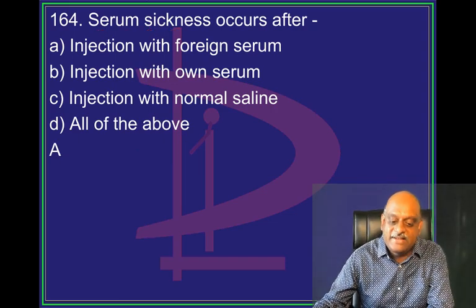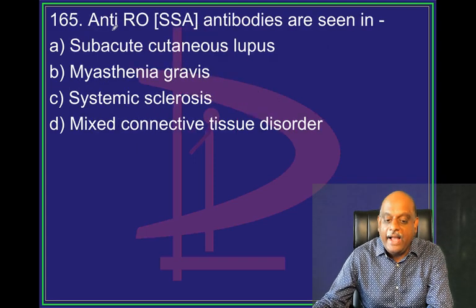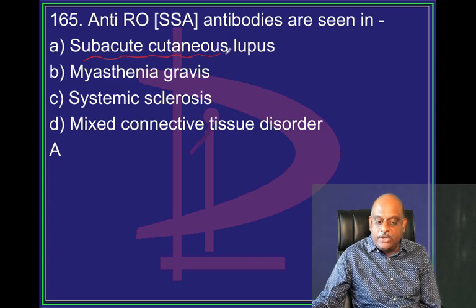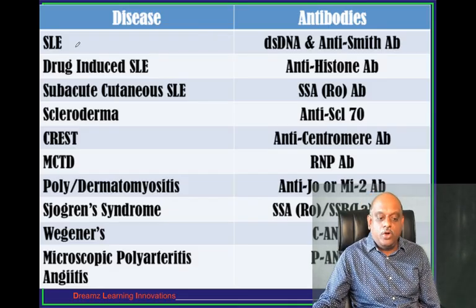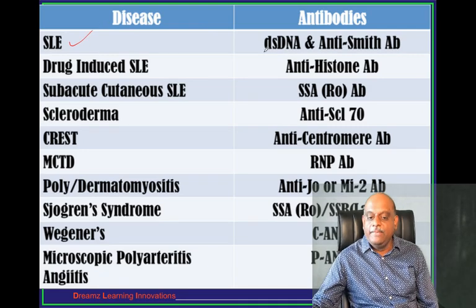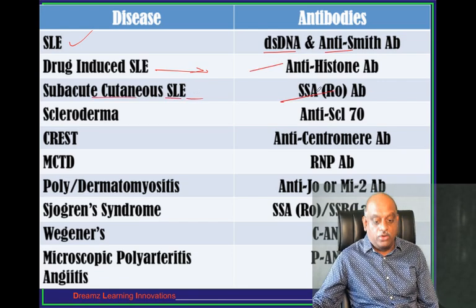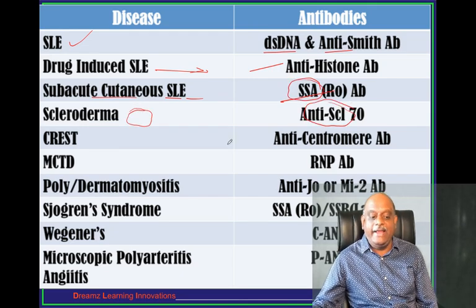Serum sickness: injection with foreign serum. Anti-Ro antibodies are typically seen in subacute cutaneous lupus. Once more, doctor. SLE, what do you see? dsDNA, anti-Smith. Drug-induced SLE, antihistone. Subacute cutaneous SLE, Ro antibodies, which are SSA. Scleroderma, anti-Scl70.